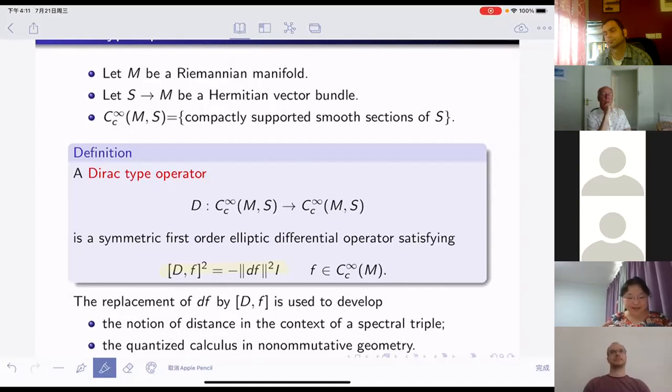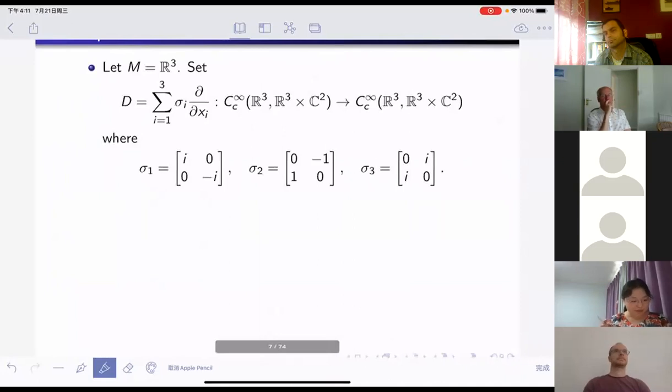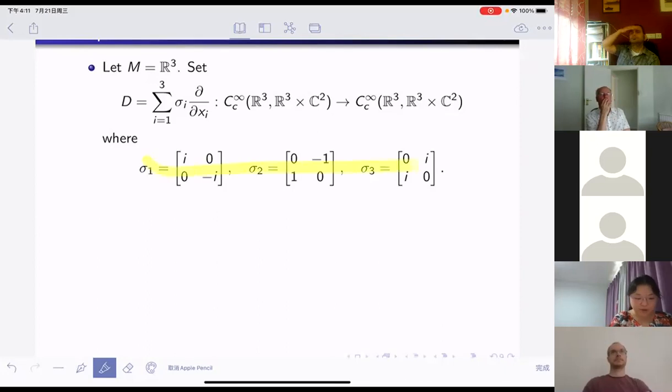And let us see some examples. So the first example I'm showing you is an operator on R^3, and it has coefficients in 2x2 matrices, and in front of d/dx_1, d/dx_2, and d/dx_3, we have the Pauli matrices as follows.